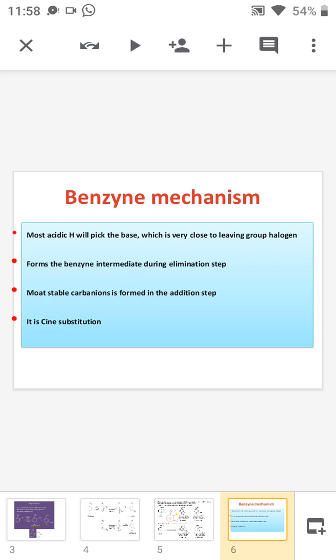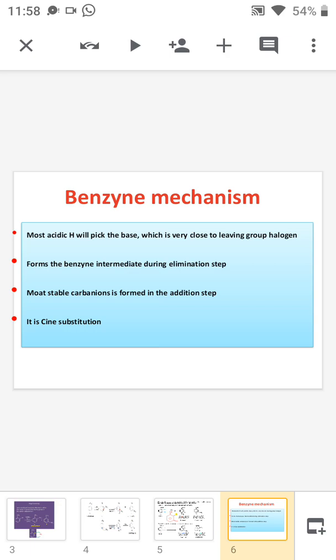This hydrogen is always located ortho to the leaving group halogen, and during the elimination reaction a benzyne intermediate is formed. Benzyne intermediate is a triply bonded benzene ring, and it is highly unstable and very reactive.